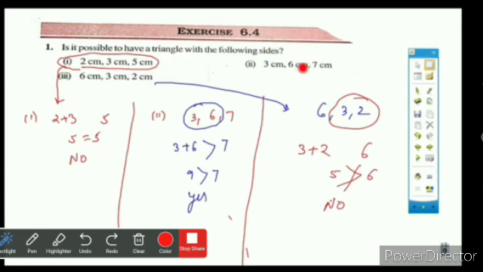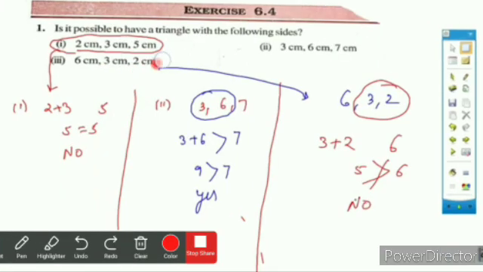And in the first example, the greater measure is 5, so don't disturb this measure. You should add these two, 2 plus 3, and compare with the third side. Similarly, in the second one also, 6 centimeter is greater than these two, so you should add these two sides, that is 3 plus 2, 5. Compare with 6. That way you can check whether the given measures are sides of a triangle or not.